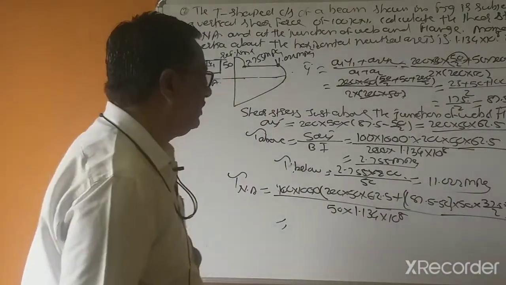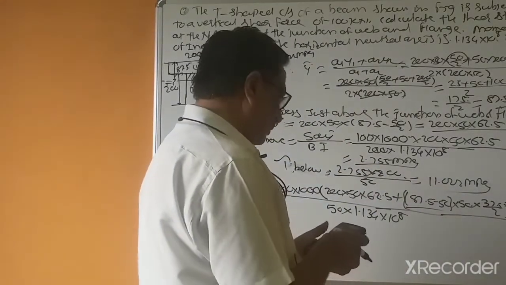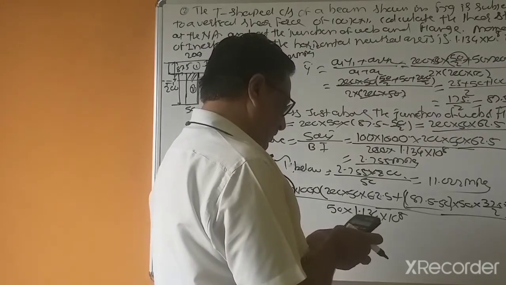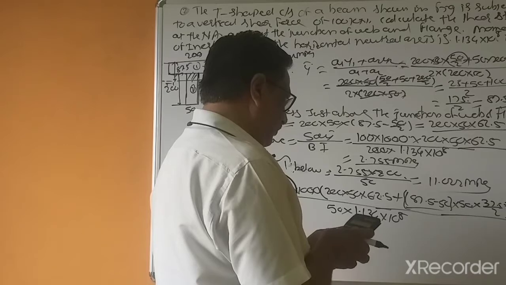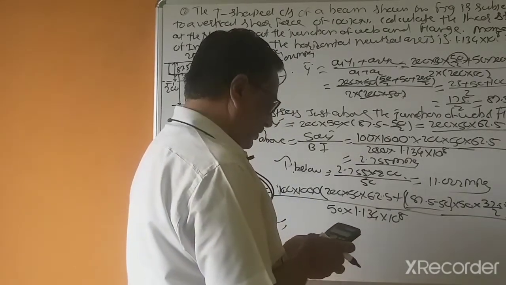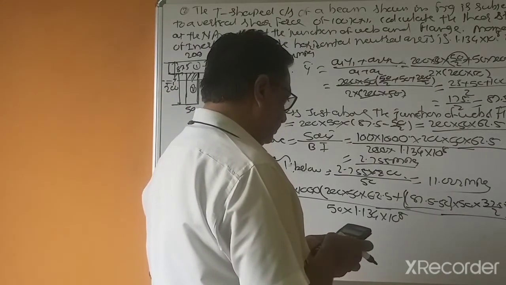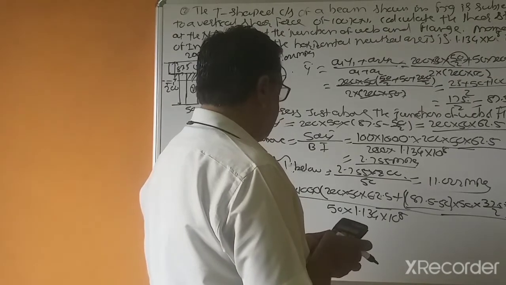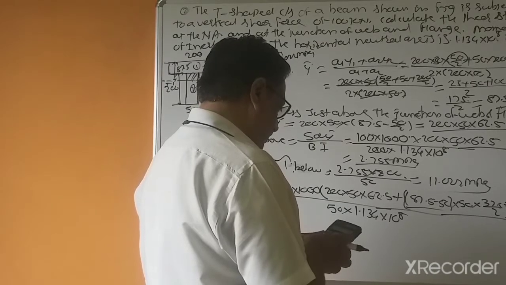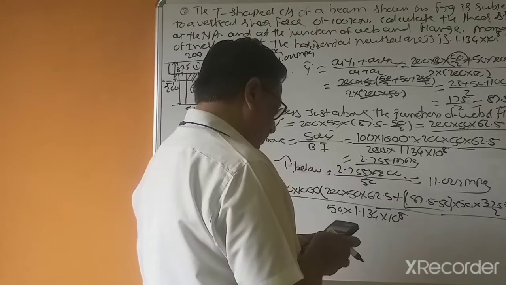So that much is the additional part. So that's 37.5 divided by 2 into 50 multiplied by again 37.5 plus 62.5 multiplied by 200 multiplied by 50, divided by 50.